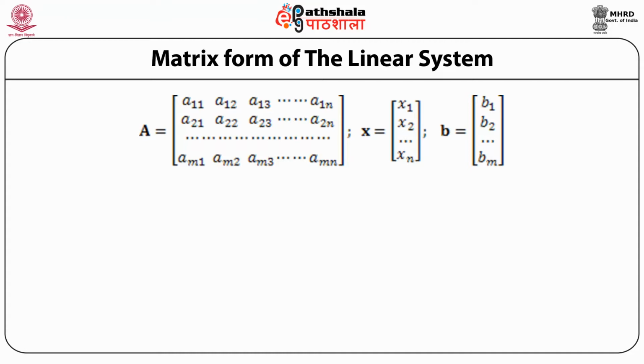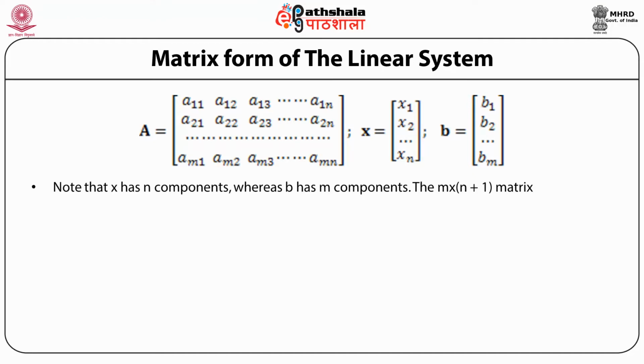The column vector X is equal to x1, x2 and so on till xn. The column matrix B is equal to b1, b2 and so on till bm. Note that X has n components whereas B has m components.